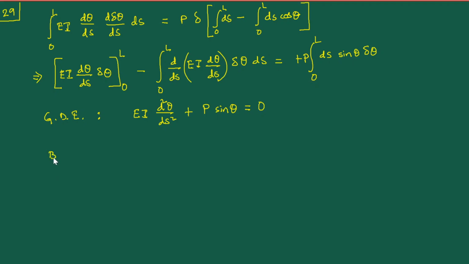And for the boundary conditions, please note that we have only this one term involving the boundary. So at x equal to 0 and x equal to L, what we have is either EI d theta/ds is equal to 0 or theta is specified.